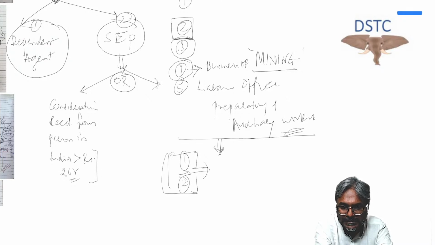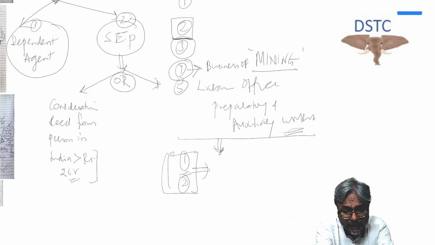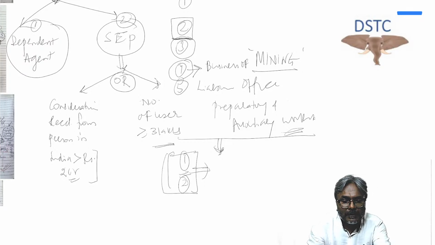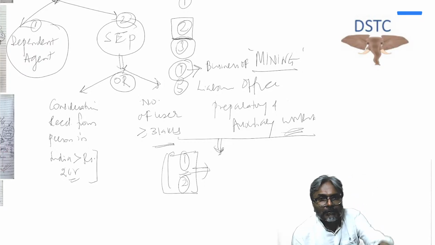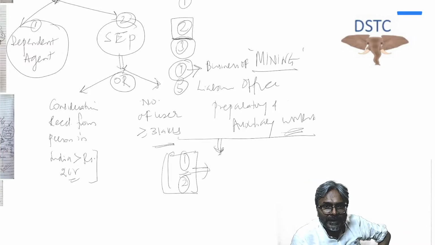Or what, students? The second one is, like an app, I gave you the example, Netflix example, those who have a number of users. How much are they? Minimum 3 lakhs. The number of users who have downloaded your app, how many people have downloaded the Netflix app? 3 lakhs or more.